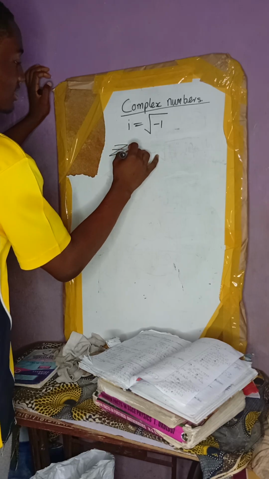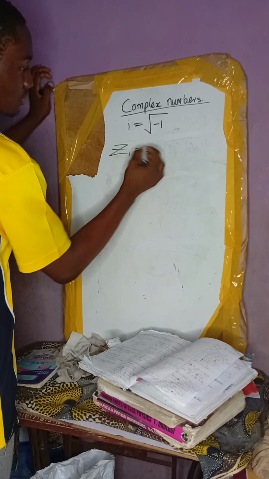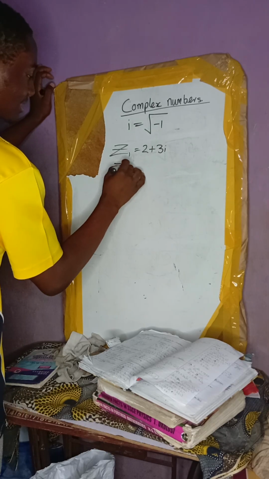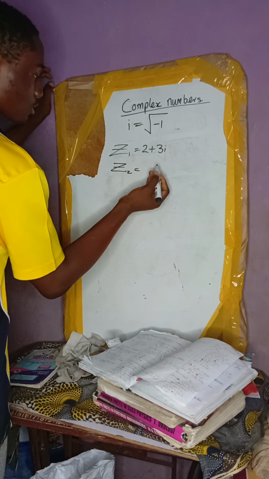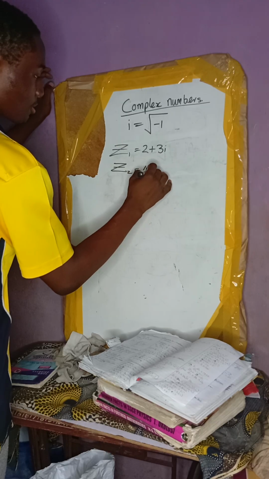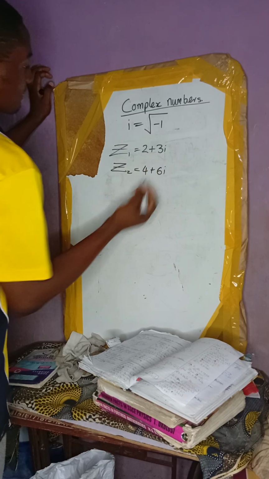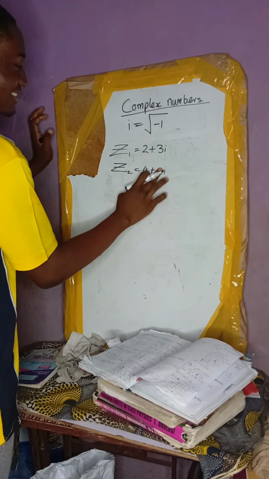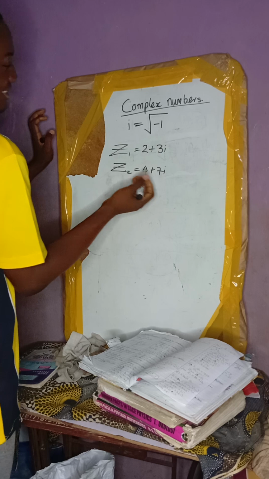So let us say that Z1 is equal to 2 plus 3i, and let us say that Z2 is equal to 4 plus 7i.